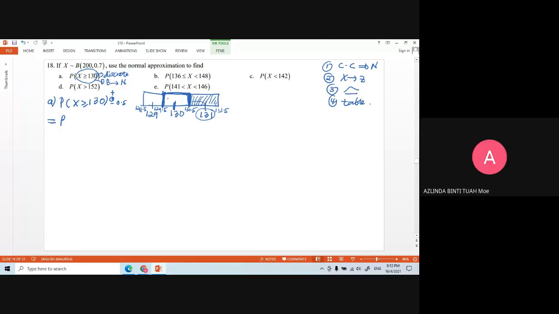Masuk, madam. 130 and above. So sebenarnya dia start dari berapa sini? 129.5. Maksudnya dekat sini nombor kita tolak dengan 0.5. So x greater than 129.5. So sekarang inilah yang dikatakan dengan continuity correction. Sama ada kita perlu tambah atau tolak nombor tersebut.